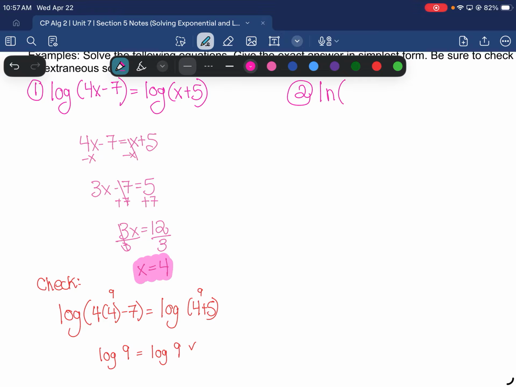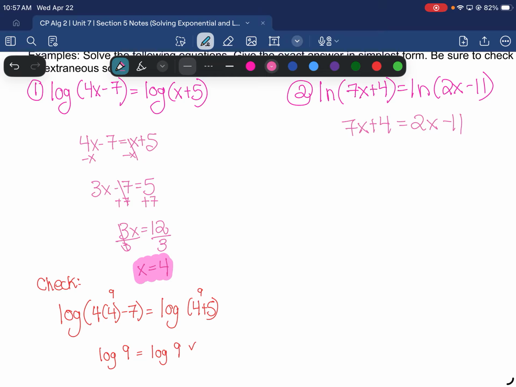Okay, here you go. The natural log of 7x plus 4 equals the natural log of 2x minus 11. Taking the natural log of these expressions on both sides is the same, so just set what you're taking the natural log of equal to each other.